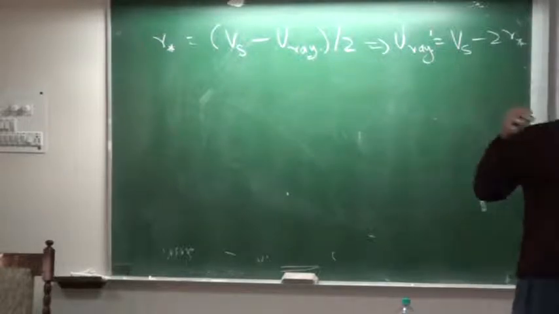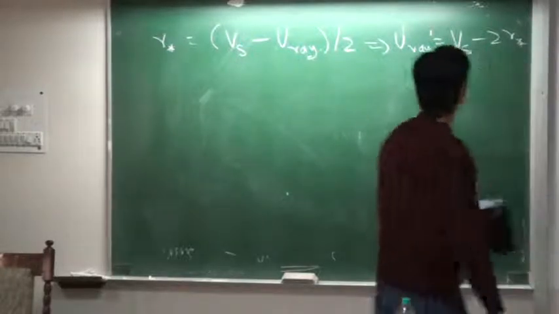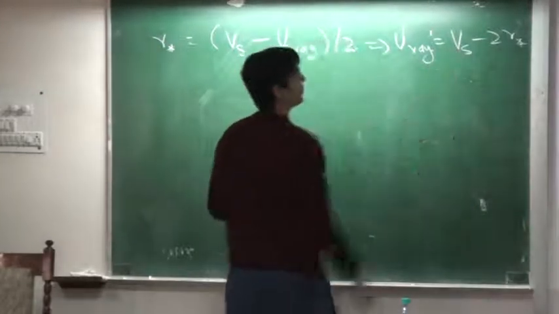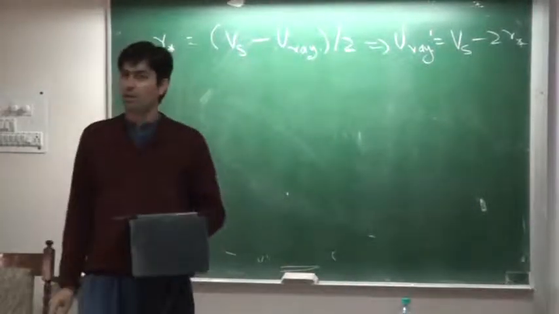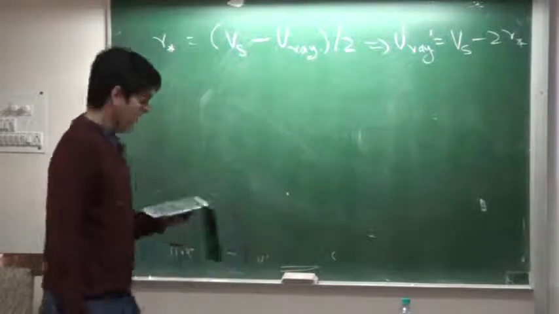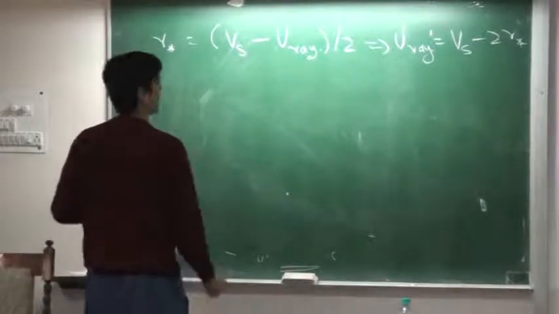If I tell you what's the v coordinate when it's crossing the horizon from afar, then you can solve for the u coordinate in terms of vs and r star, right?